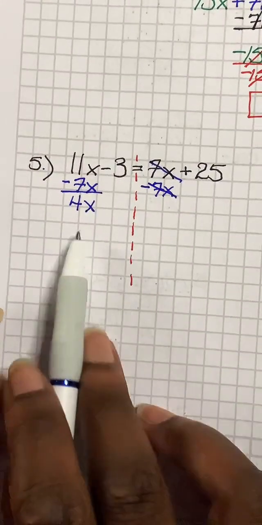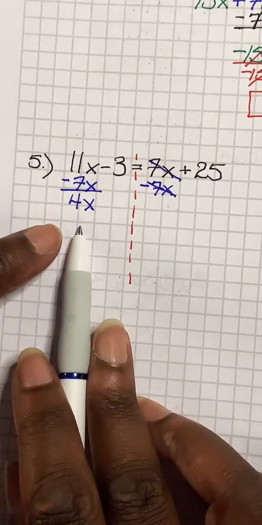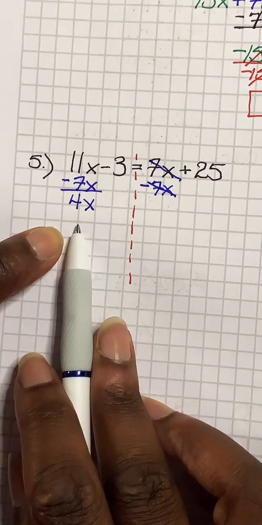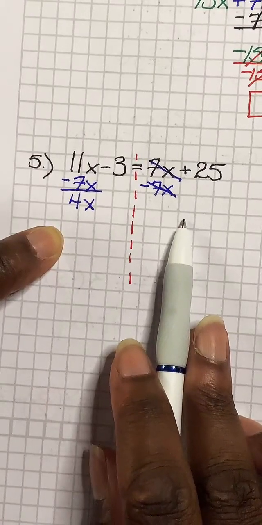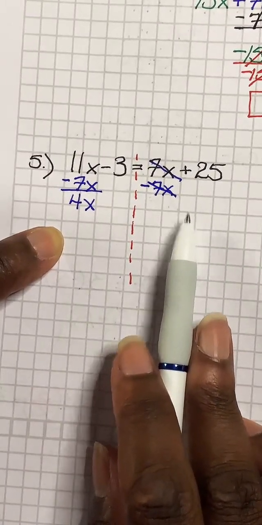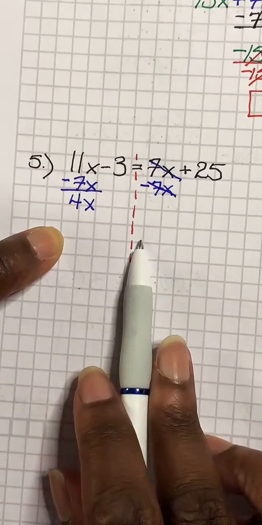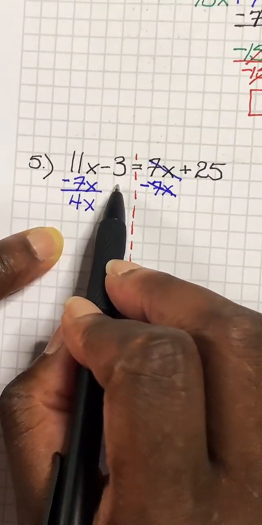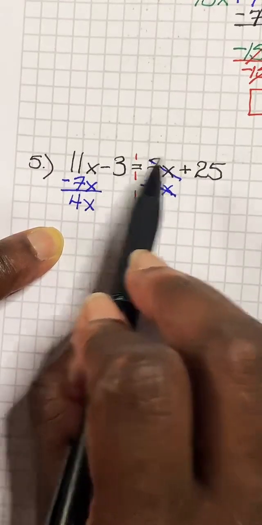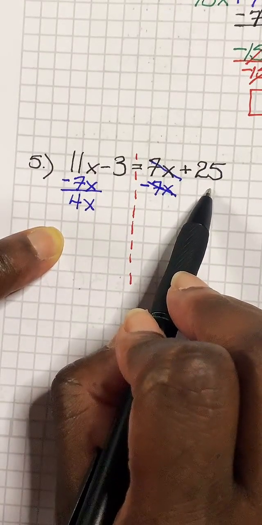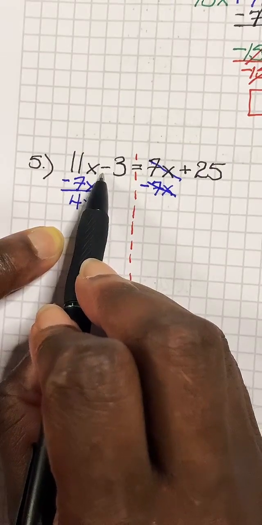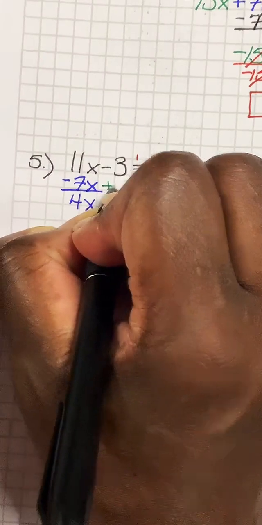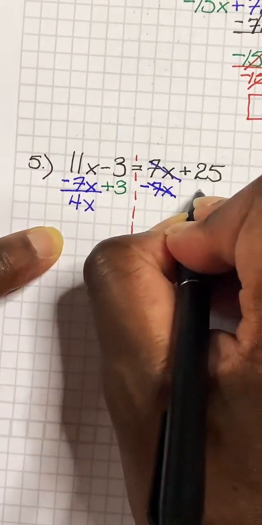So I'm saying I want to put my x's on the left-hand side of my world, right? So that means I want my numbers, my constants, to be on the right-hand side of my equal sign. So this minus 3, I want it to go over to the other side. So I need to do the opposite or the inverse of minus 3. So I can do plus 3.